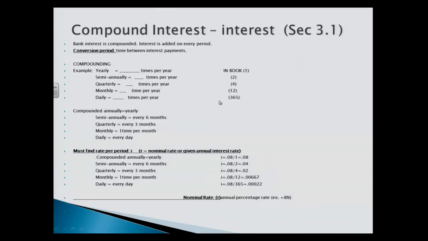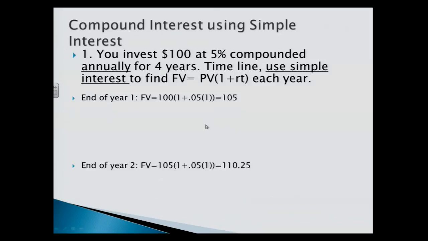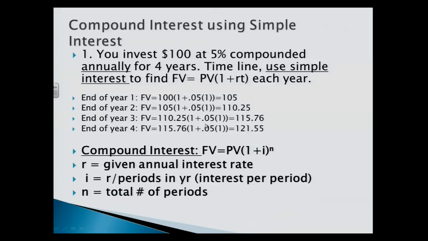One other point I wanted to make, in the textbook, if they do not say it's compounded semi-annually, they don't say compounded quarterly, what they do in a problem is they put it in parentheses how many times a year is compounded. So this would represent semi-annually, quarterly, monthly, and daily. I'm going to jump over this. You can slow it down.